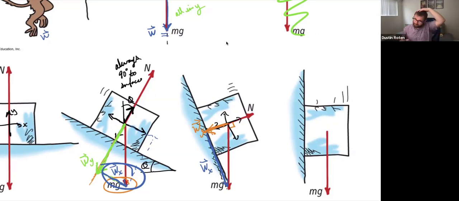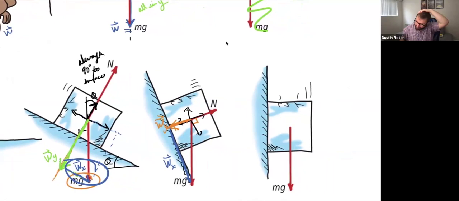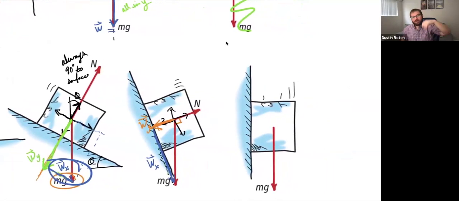And then if we go over here to perfectly vertical, we have no normal force at all, because there's no force that the normal force has to counteract, right?